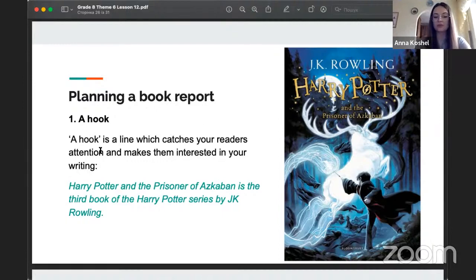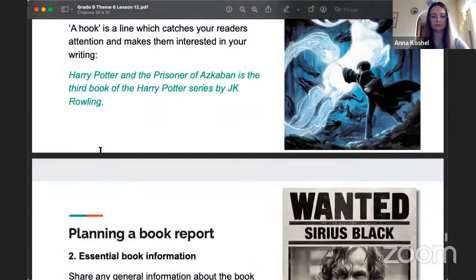Отже, Harry Potter and the Prisoner of Azkaban is the third book of the Harry Potter series by J.K. Rowling. Okay, now we know what it is. Now we know what the report is about. Now we know about the character, a little bit about the writer. So that is a good hook.